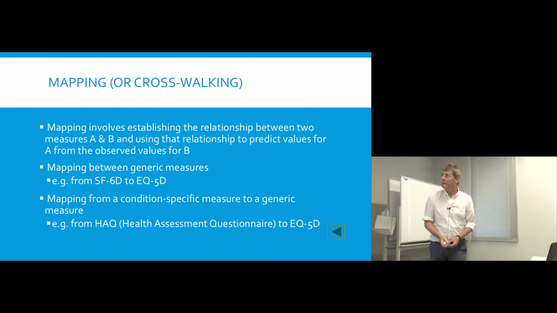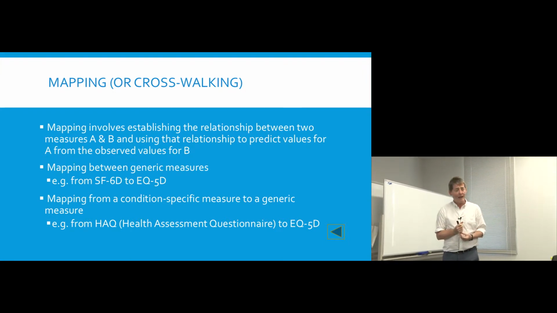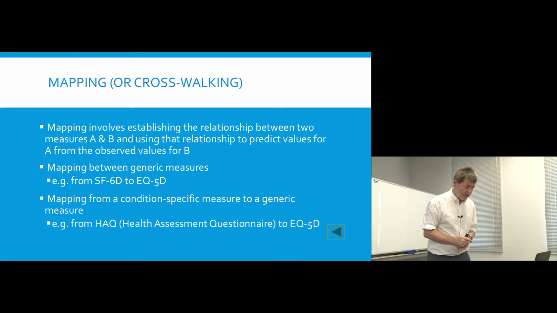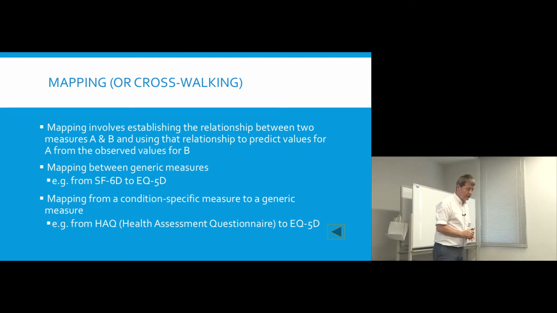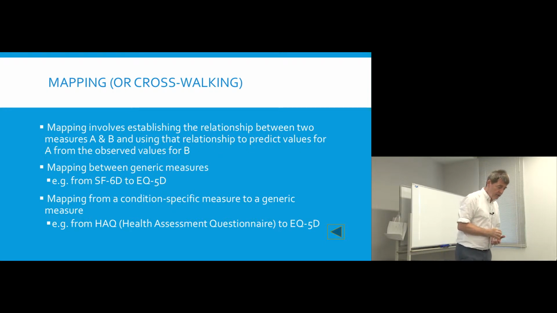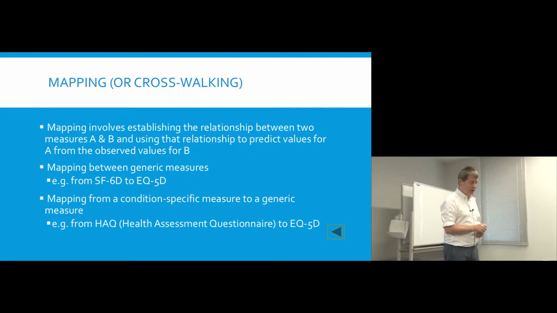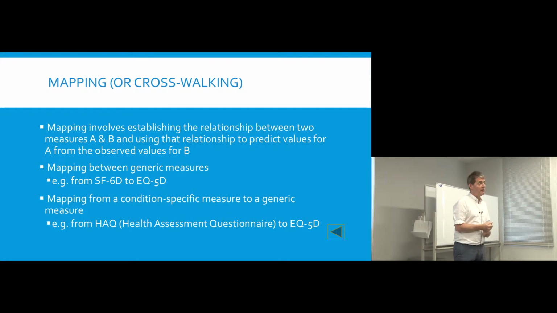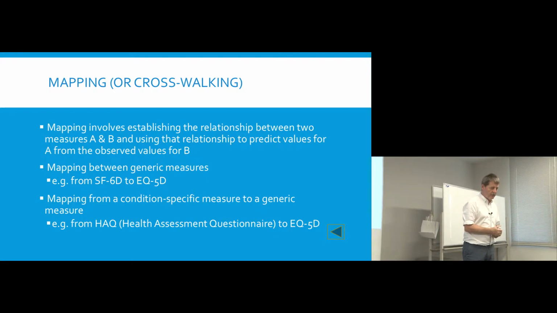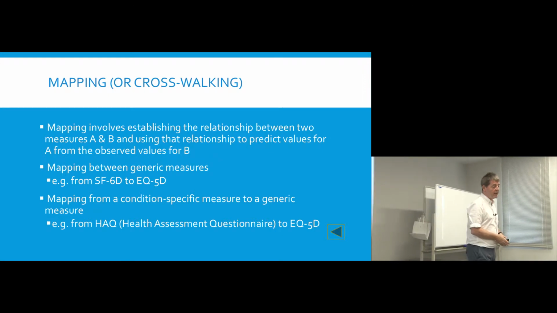Right. So mapping involves establishing the relationship between two series of numbers or two measures, A and B, and using that relationship to predict values for A using the observed values for B. A simple concept. You can map between generic measures.